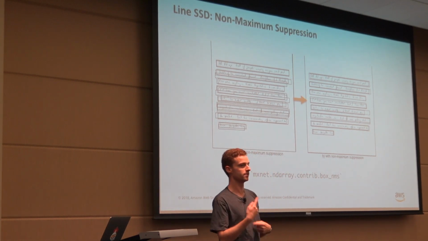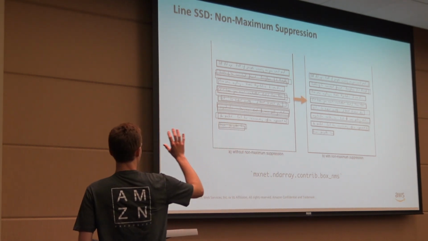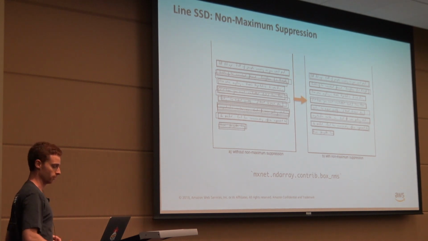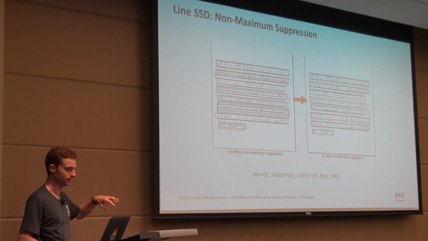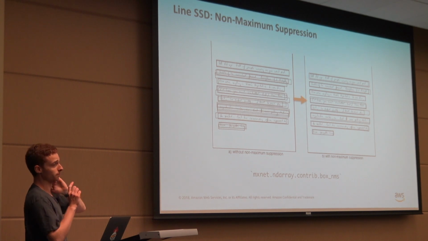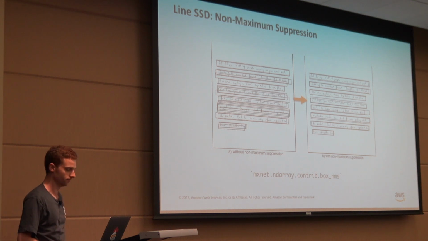And we apply this process over and over again, and that will remove the clash of many, many different boxes, and we just take the most confident box. So after we applied that technique, you get something more like on the right-hand side, more clean. You've got single predictions for certain lines.